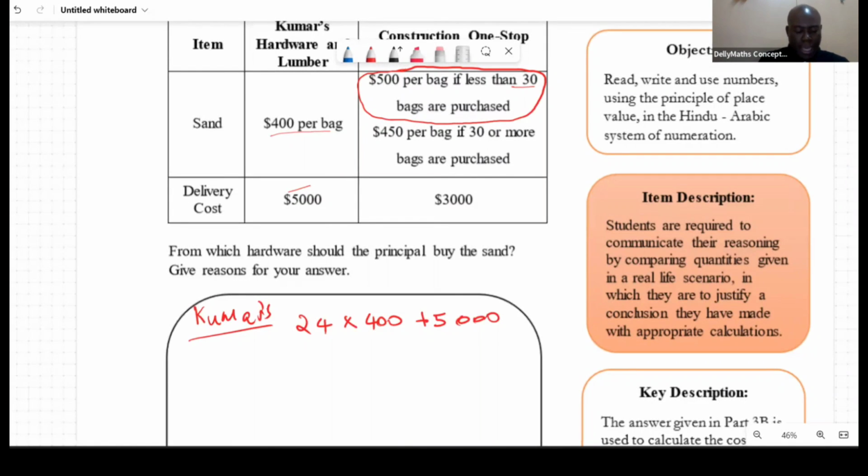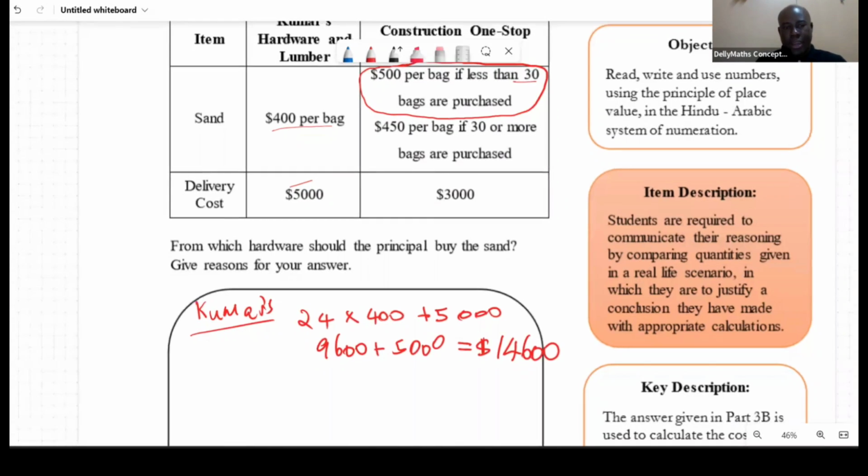So the 24 times the 400 is going to give me about 9,600 plus the 5,000 for the delivery. And so if I buy the sand at Kumar's, I'm going to be paying $14,600 to get the sand there.